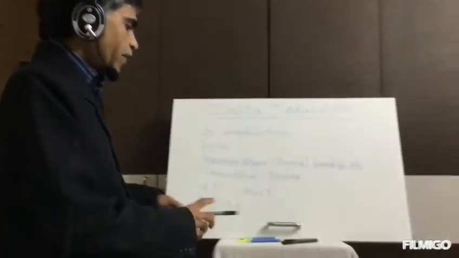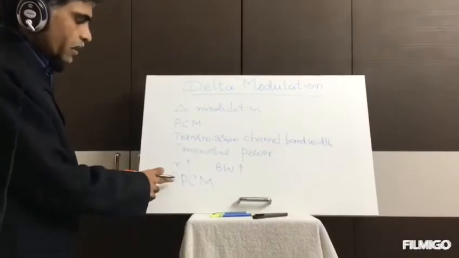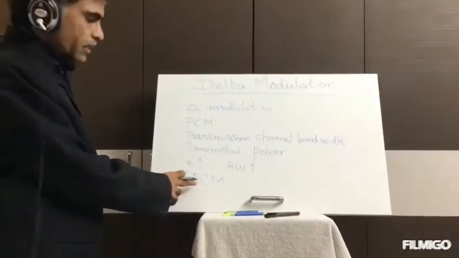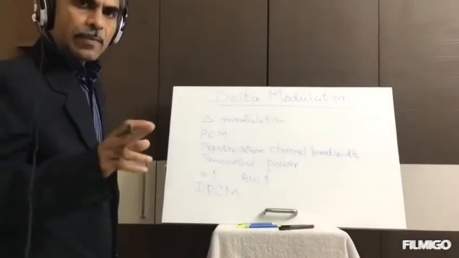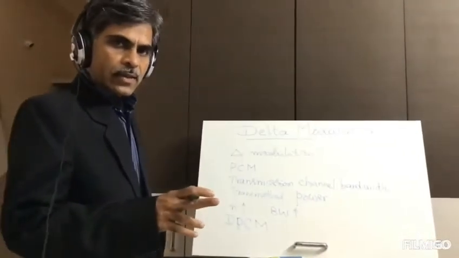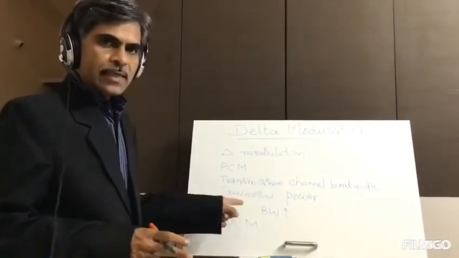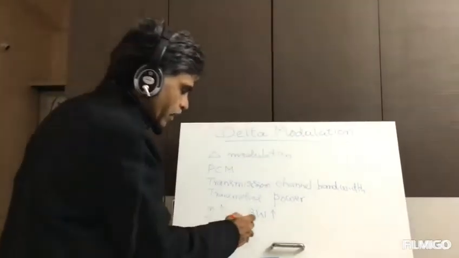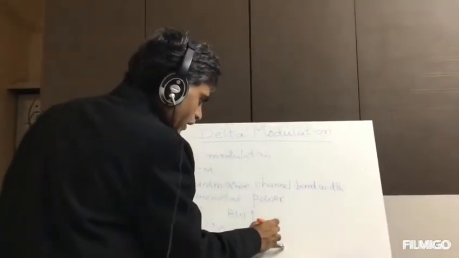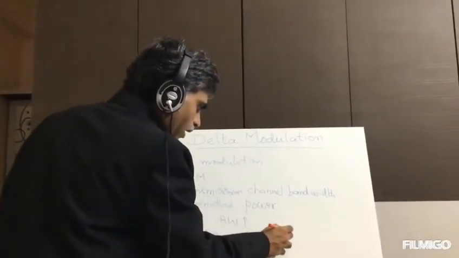In the case of DPCM, this difference between the successive samples will only be coded, therefore n bit streams will be generated. But remember that in DPCM, that n value is going to be small enough.